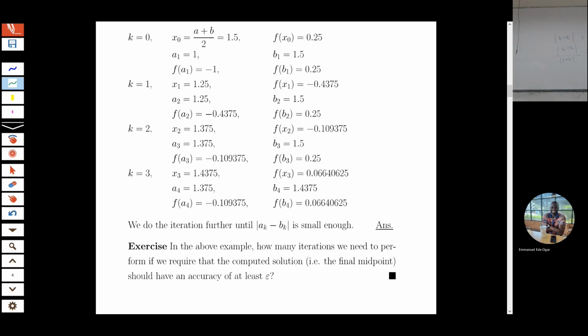If you want the solution with an accuracy of 10 to the power of -6, that means we want the value of the square root of 2 to be accurate up to at least 6 digits. How many bisections do you need to perform? This is something for you to think about.